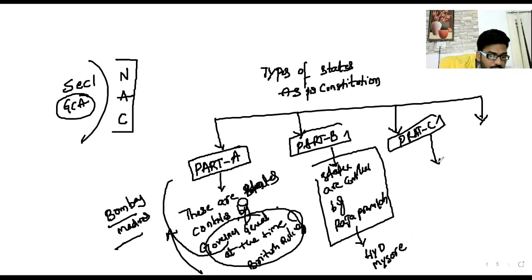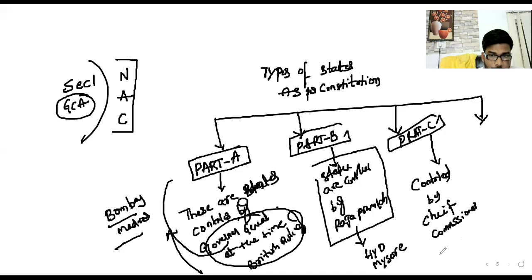Next one is Part C states. What are Part C states? These are the states controlled by a Chief Commissioner.